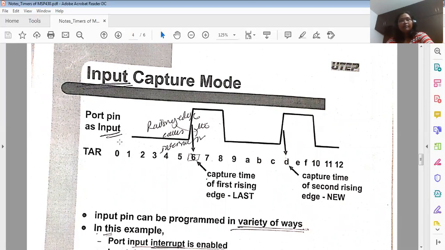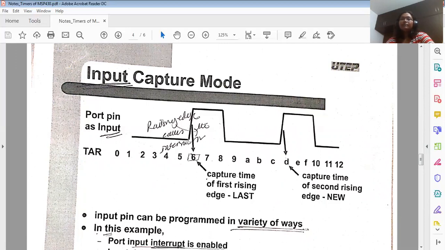So when you apply the input signal and enable the timer, the TAR register value will be incremented by 1 with the arrival of every clock pulse. It goes on incrementing till it captures the event. Suppose this waveform is for the rising edge, to capture the rising edge of the input signal.